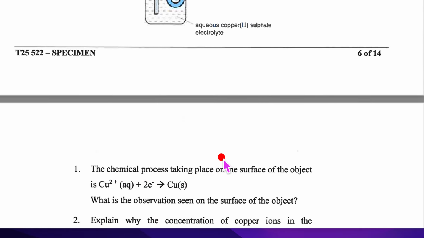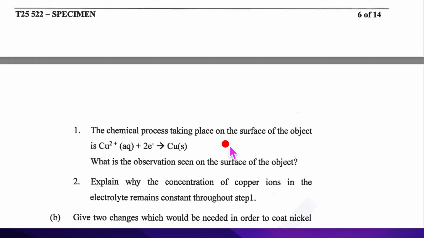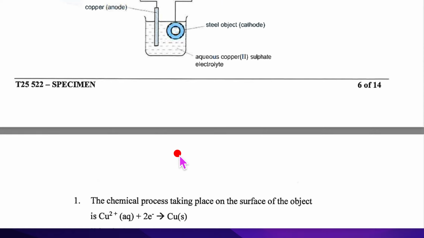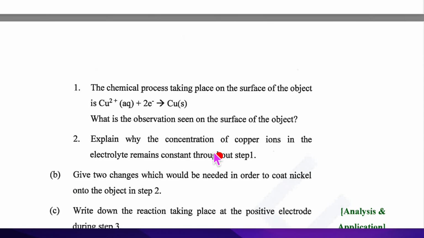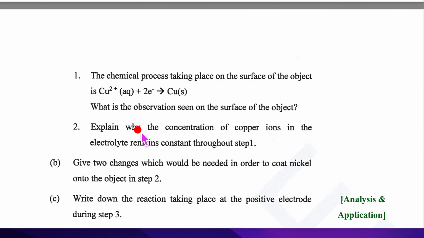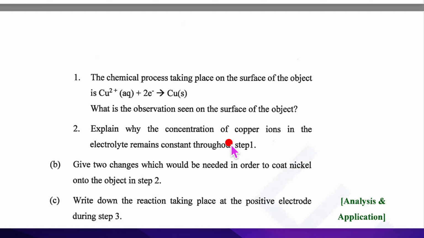Now they are saying the chemical process taking place on the surface of the object is this. What is the observation on the surface of the object? This copper will get deposited on this, so pinkish brown or reddish brown deposits will be seen on the object. That's the observation. Explain why the concentration of copper ions in the electrolyte remains constant.